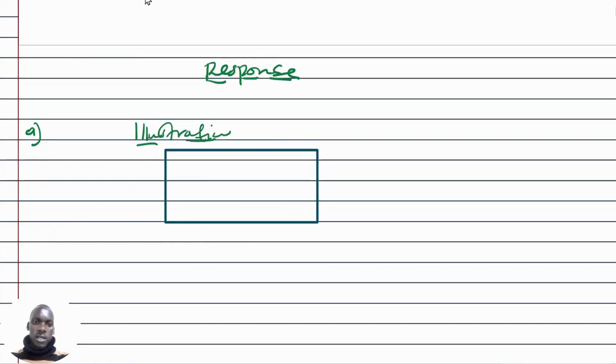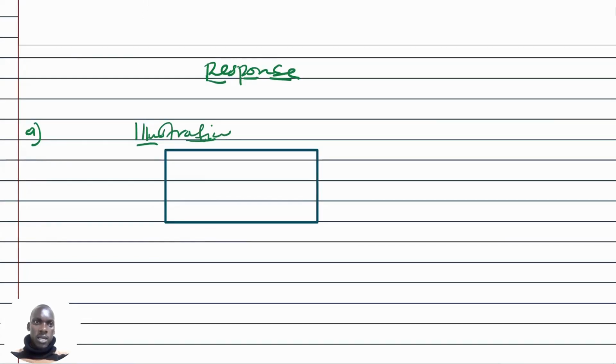So we have the response here written correctly and step by step. We are going to begin with part A of our question. Remember, they are talking of a rectangular field. I can have an illustration of the rectangular field like this.